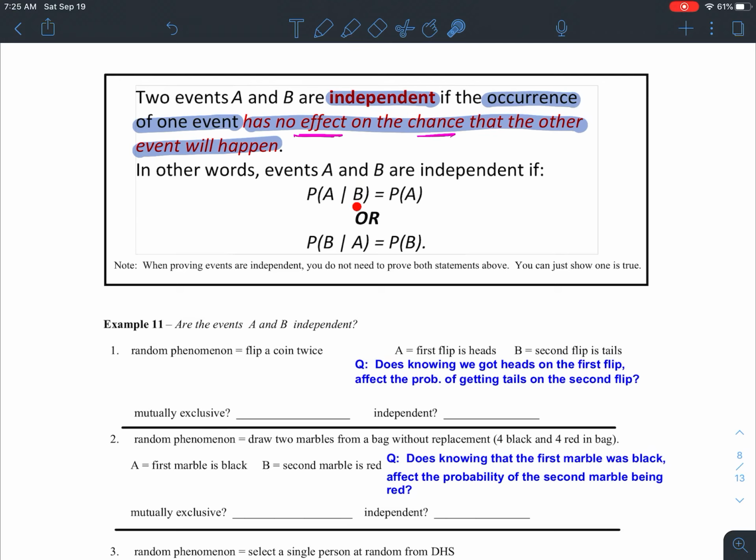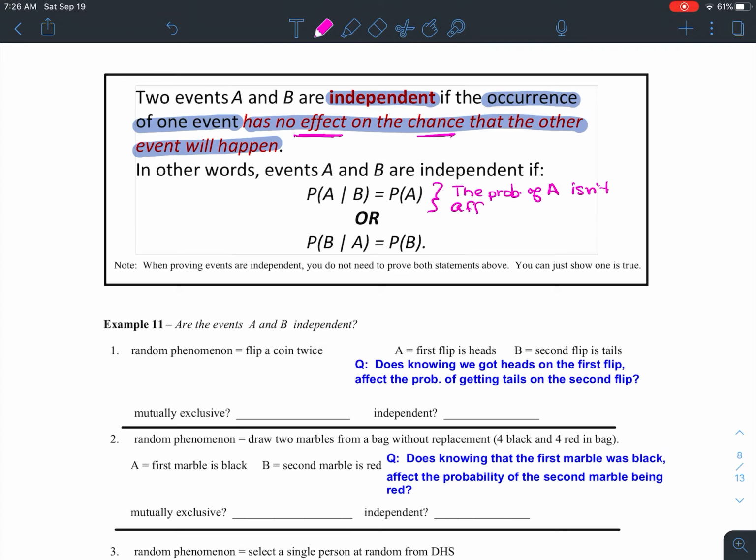So the way we can say this is, the probability of event A occurring, given that event B has already occurred, is simply just the probability of event A occurring. Okay, and I could flip it the other way.